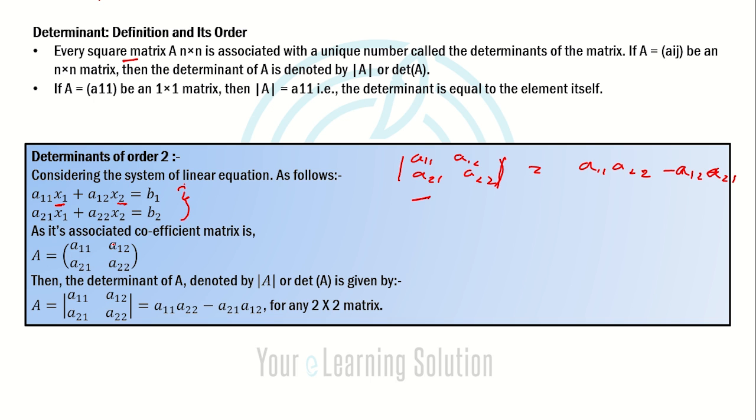This matrix a11 a12 would actually be the coefficient matrix, as you will learn better in a short while, and the determinant of this matrix would be precisely equal to what we just calculated. So for a 2 cross 2 matrix, that is what the determinant is given by.